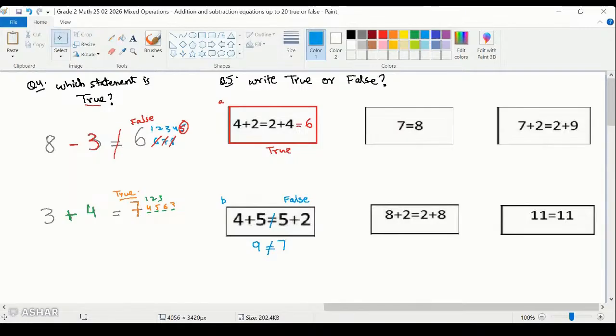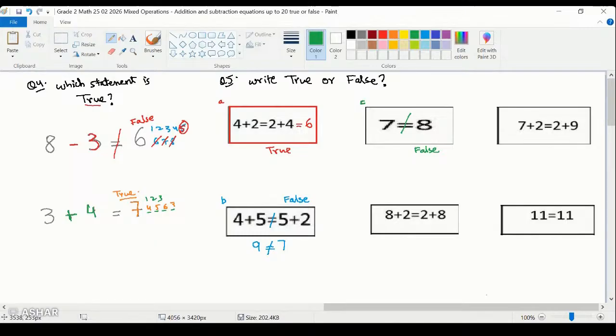How about 7 is equal to 8? Is it a true statement? Part C. True or false? We know that 7 is never equal to 8, right? 7 is a different quantity, 8 is different, they're not equal. So that means this is a false statement.